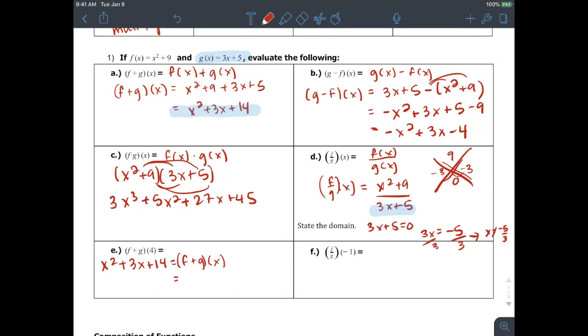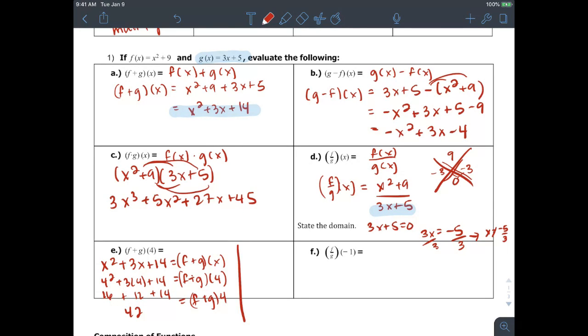And now we're going to plug in (f plus g)(4). So I get 4 squared plus 3 times 4 plus 14. So 16 plus 12 plus 14, that's 42, is equal to (f plus g)(4).